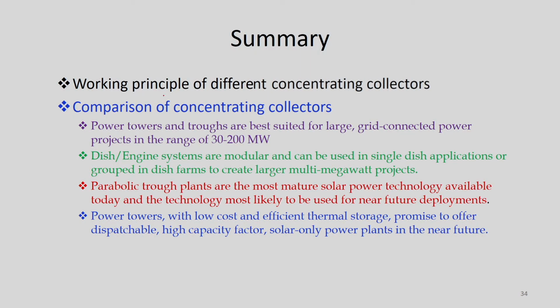So we can summarize what we have discussed today about these solar concentrated power technologies, their working principle, and those technologies which are applied for generation of higher temperature. We have primarily discussed the principles of different concentrating collectors, and we have compared the technologies, and it is found that power tower and parabolic troughs are best suited for large grid connected power projects in the range of 30 to 200 megawatt.